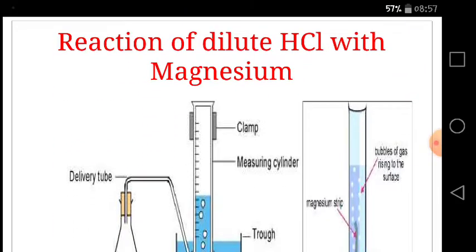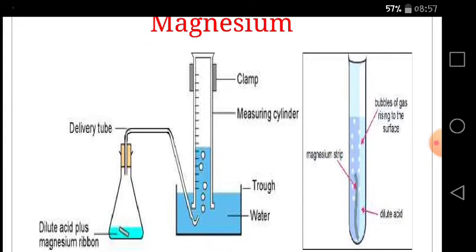Now we are focusing on the reaction of dilute acid with magnesium. We can set up the apparatus in two ways. We can simply use a test tube. You can see dilute acid in the test tube. When we add the magnesium strip, bubbles of gas rise to the surface. Another way we can do this experiment is by using apparatus like the conical flask, delivery tube, measuring cylinder, and trough.